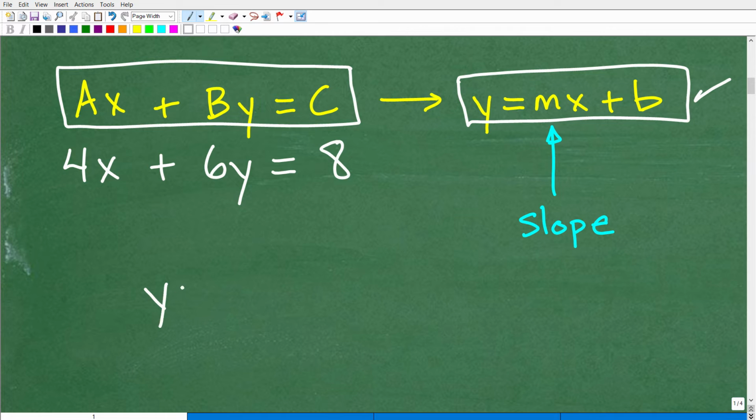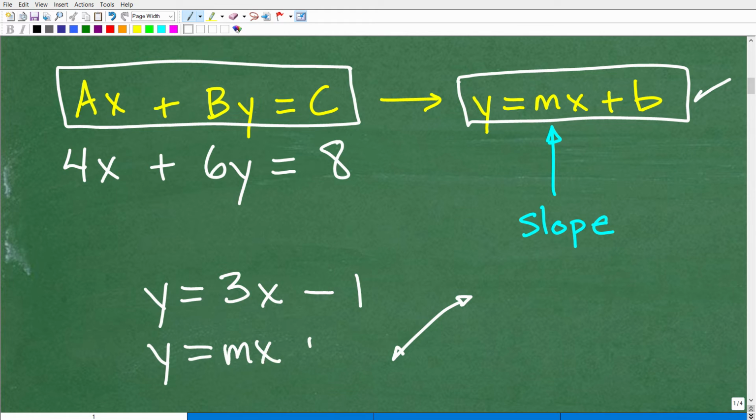So for example, y equals 3x minus 1. Most of you would say, oh, this is some sort of line that I could graph on the xy plane, and you would be correct. But this line, the way it's written, is in this form right here, slope-intercept form, or y equals mx plus b form. Now, the problem that we're dealing with is not in this form.